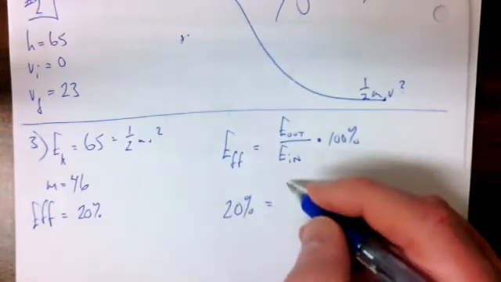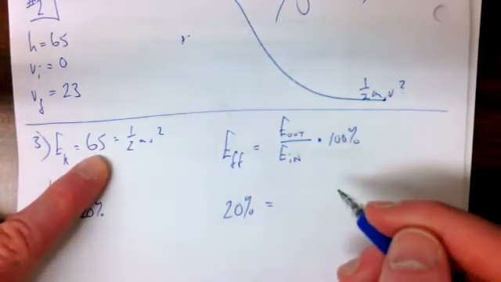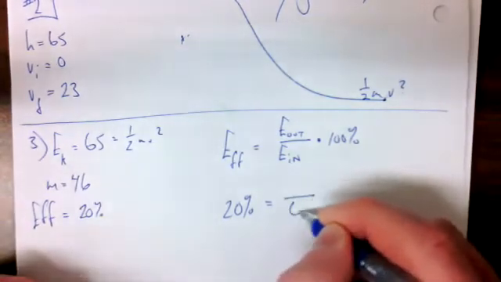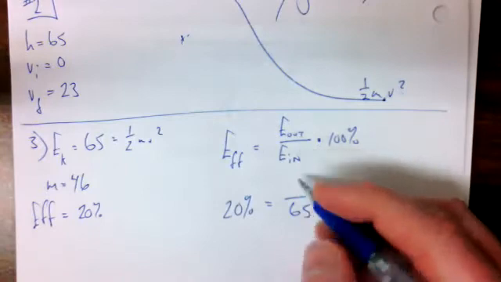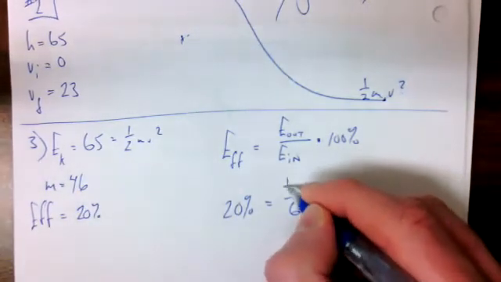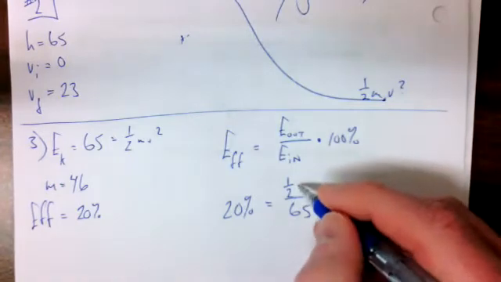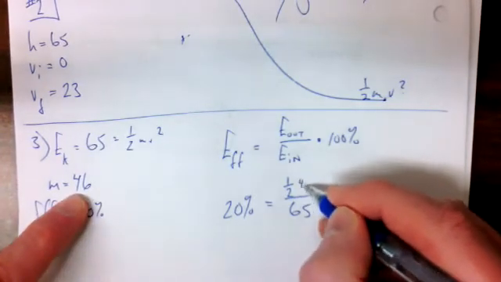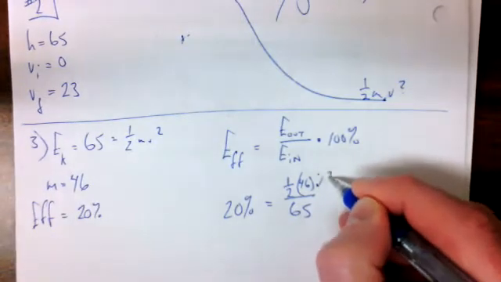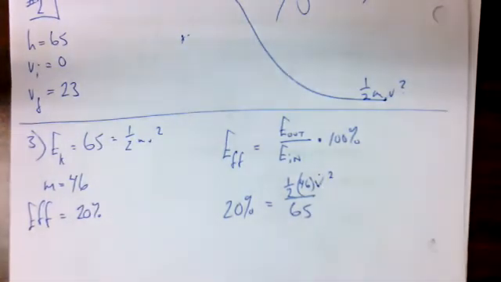Now the energy going in is 65, because golf club, yeah. The energy out is 1/2 times the mass, which is 46, times the velocity, which we don't know, and that's what we have to solve for. And then you're just solving for the unknown.